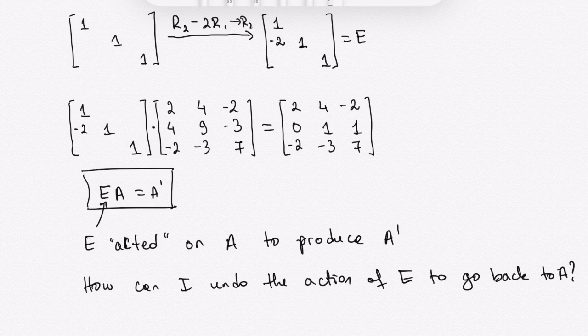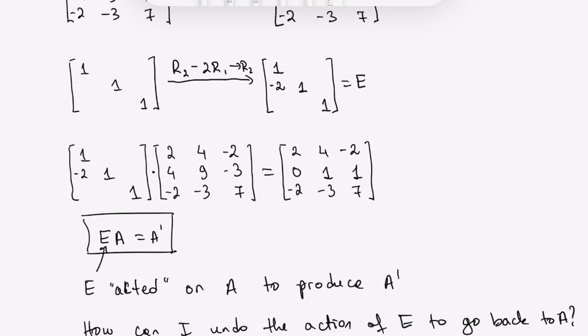Well, in this particular example, because the action is an elementary row operation, we can go back. So what action would reverse the operation R2 minus 2R1 into R2? So what did we do here?